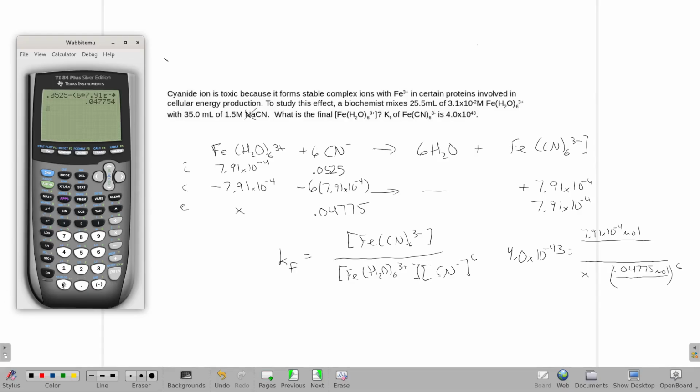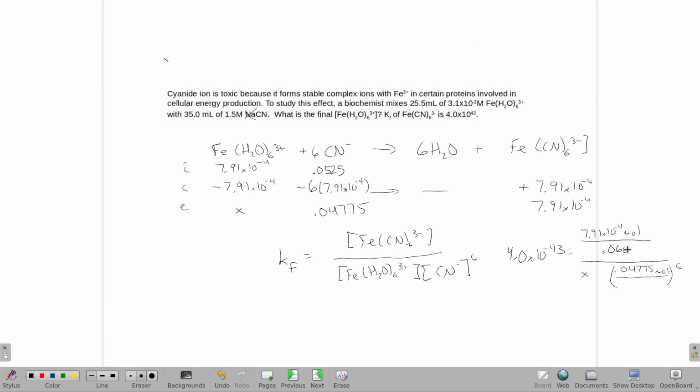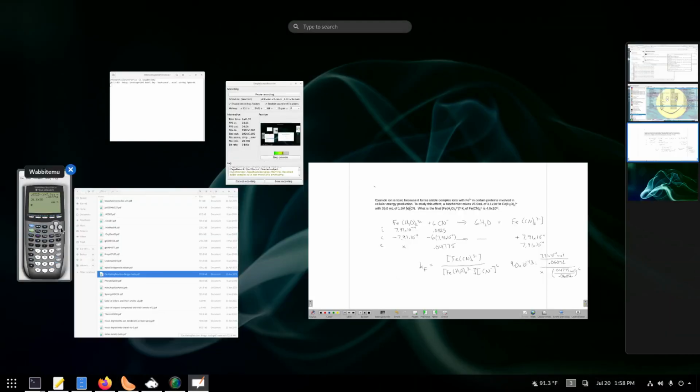So our volume is 25.5 plus 35, and we want these in liters, so 0.0605. Technically, we want to solve for that x. Now, I know this can be a complex thing, but I'm going to swap the x with the 4 times 10 to the 43rd, because that's something math will let us do.